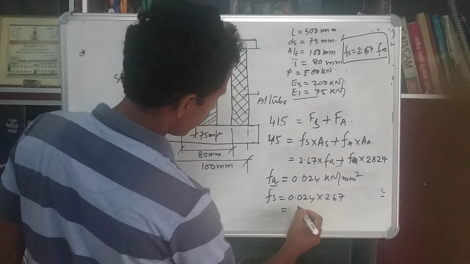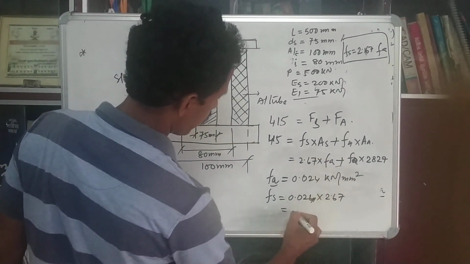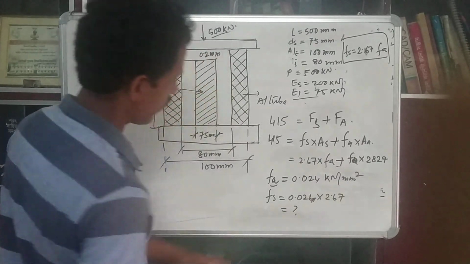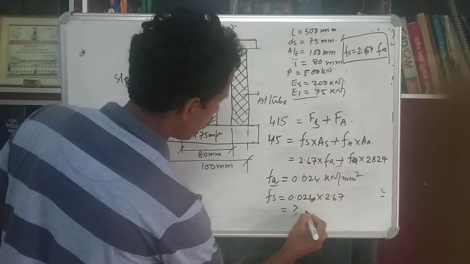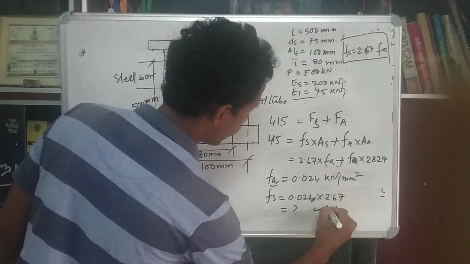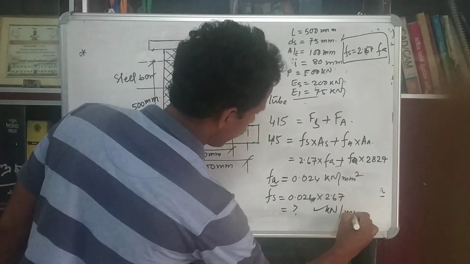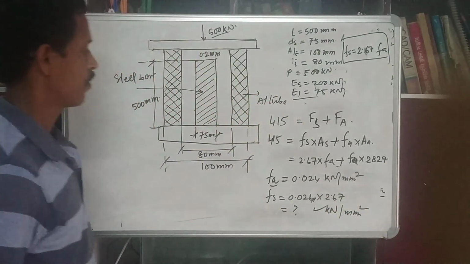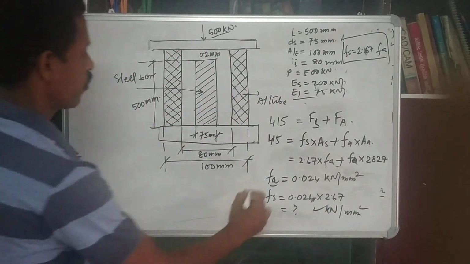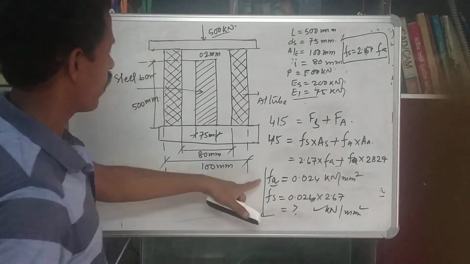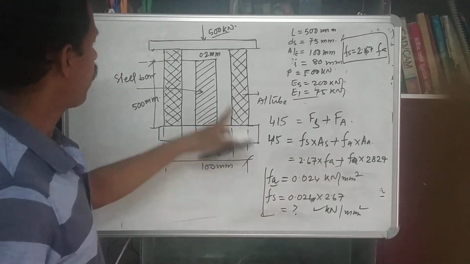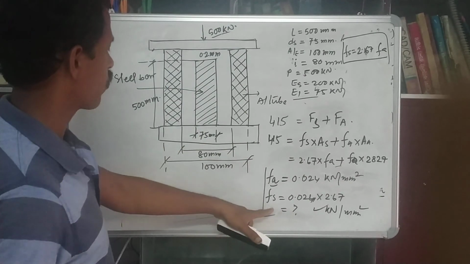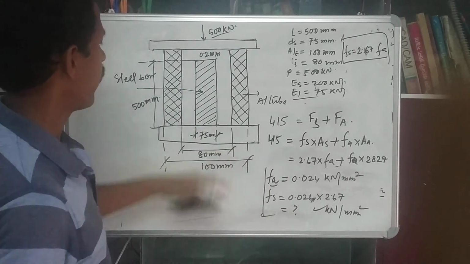You multiply it and you will have the value in kilonewton per mm square. That's how we can find the stress on the aluminum tube and the stress on the steel bar.